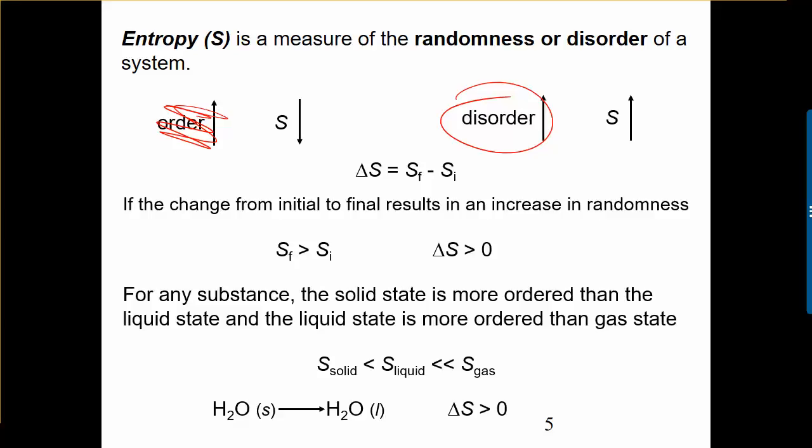But that's a process of spontaneity. A delta S positive is spontaneous, and a delta S negative is non-spontaneous. So this is going to help us describe endothermic and exothermic reactions as whether they are spontaneous or not, when we consider the entropy as well.